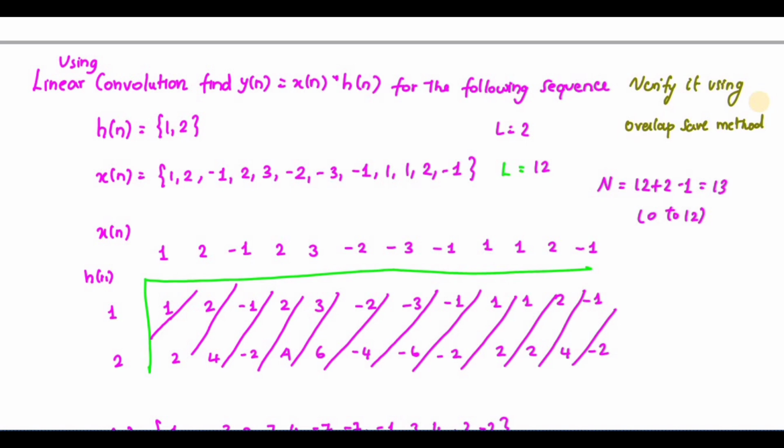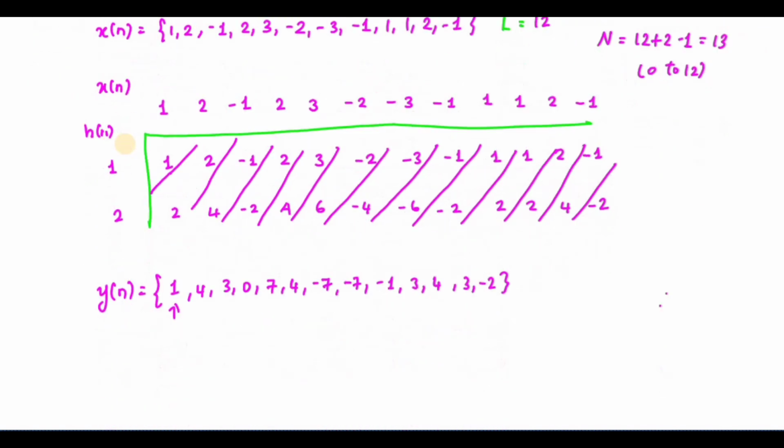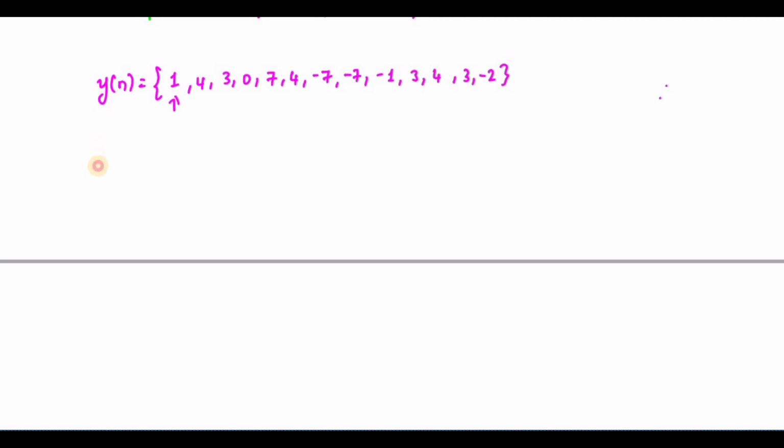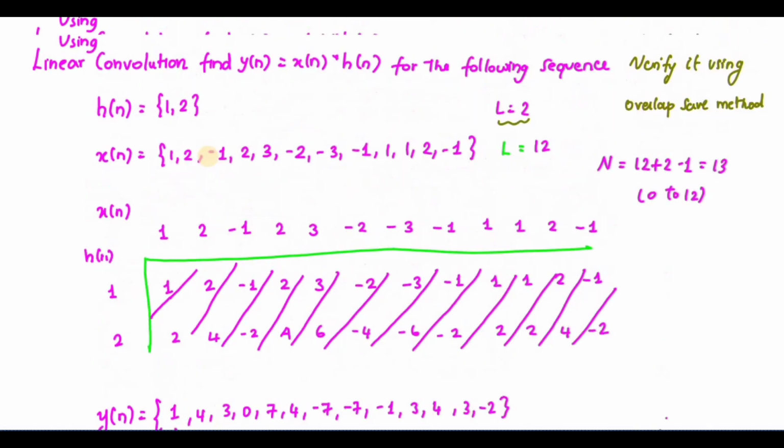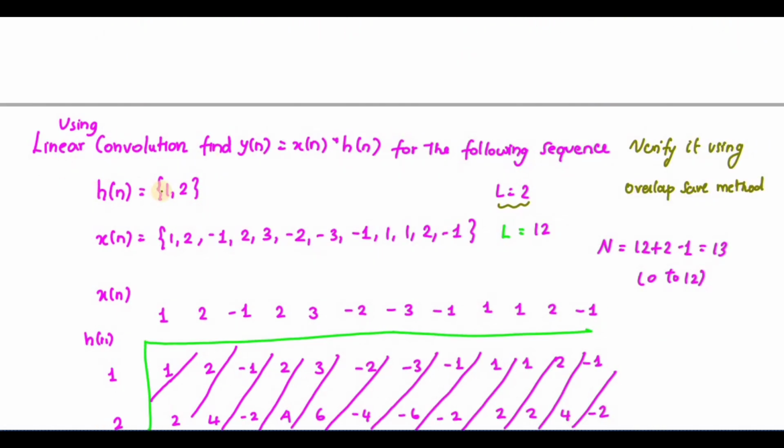Here, the length of h of n is 2, so you have to add one more 0 to this h of n. Now the h of n value becomes 1 comma 2 comma 0.